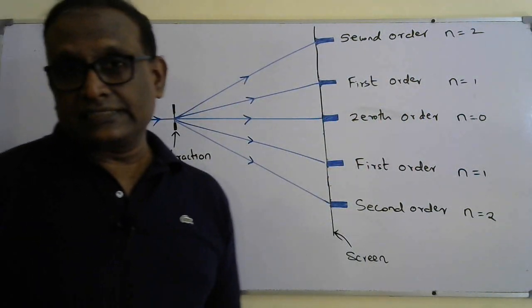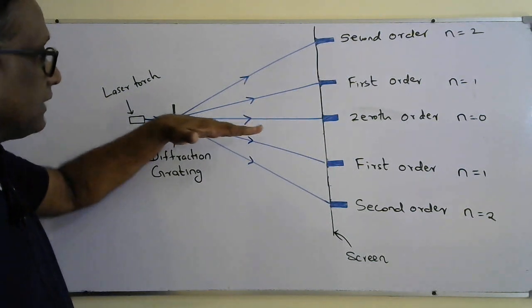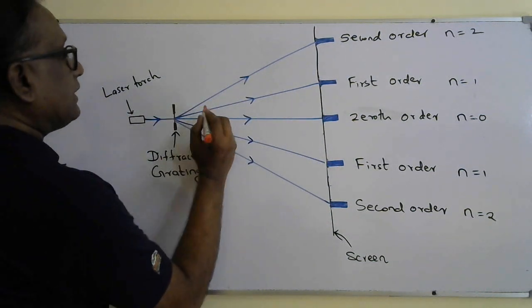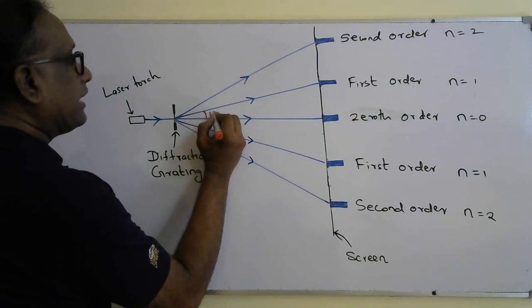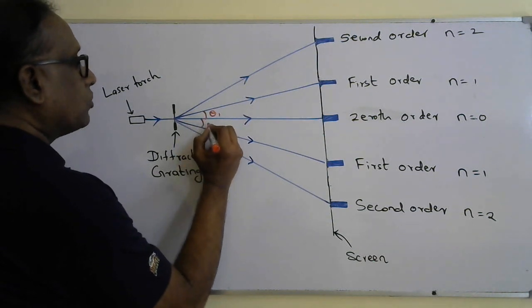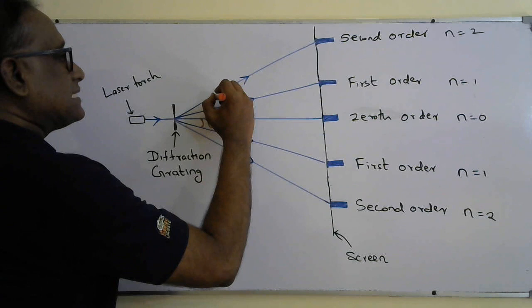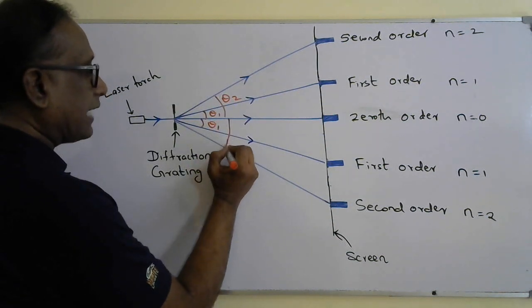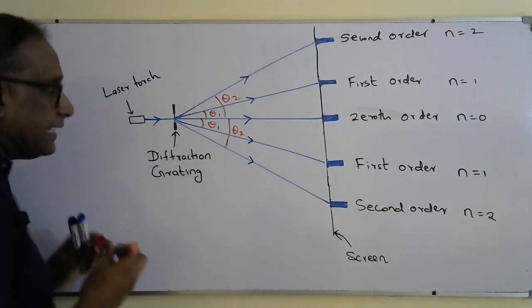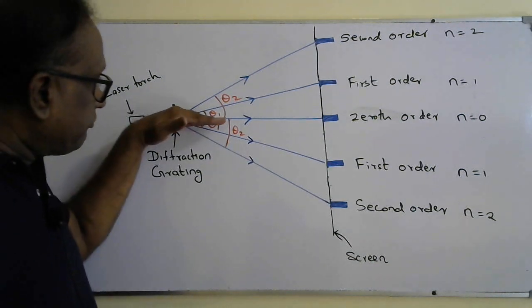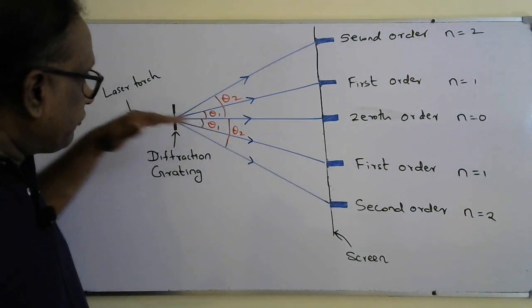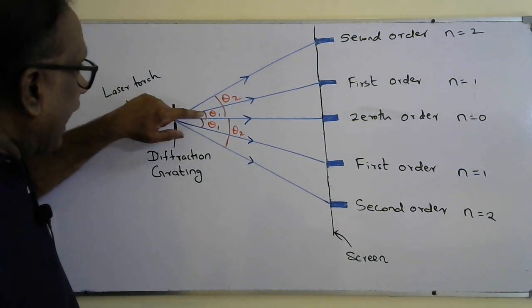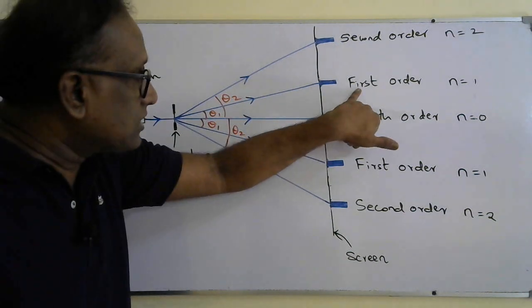Here we consider the angle of diffraction, or the deviation from the initial direction. This angle we can call theta 1. This also theta 1. This is theta 2, the amount of diffraction angle. So theta 1 is the angle of diffraction compared to the initial direction of the light ray, for the first order.